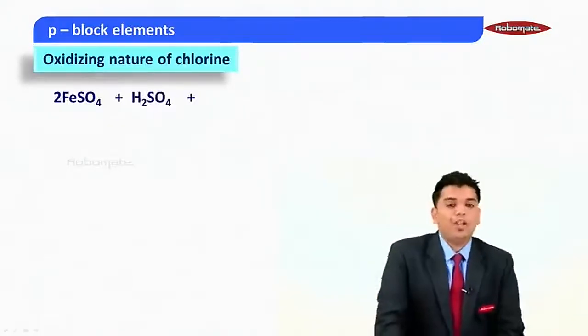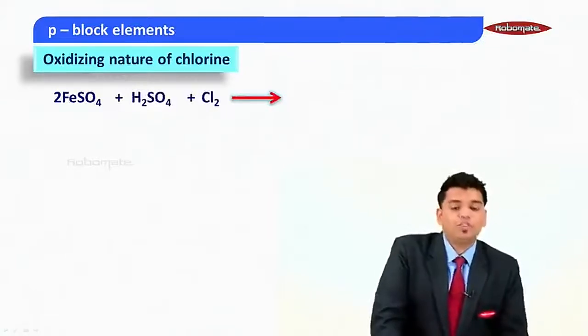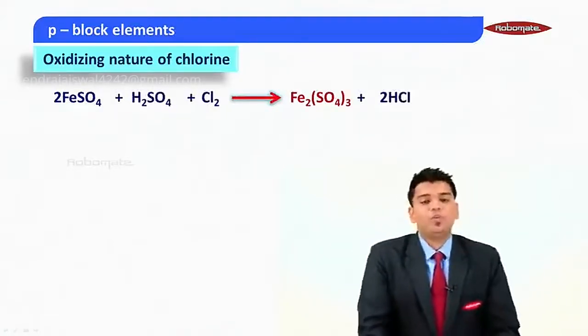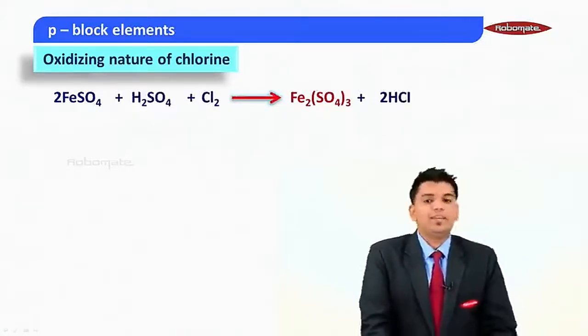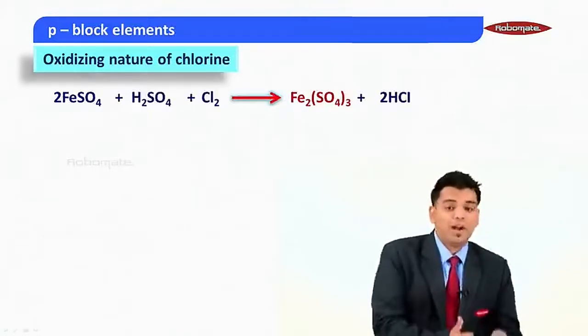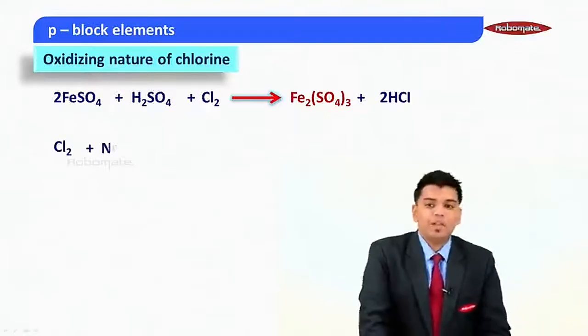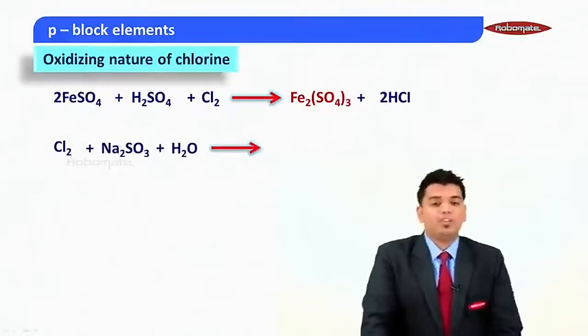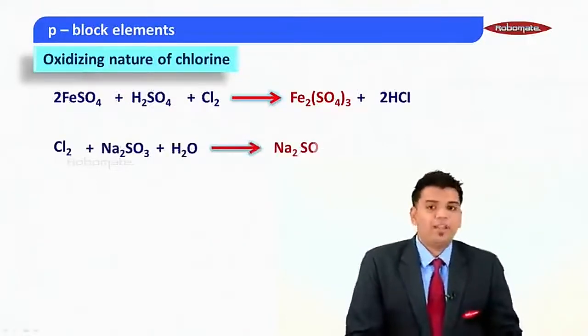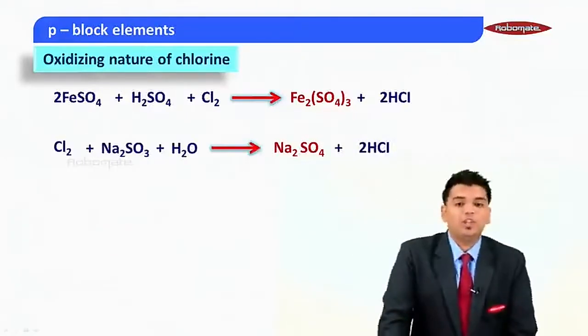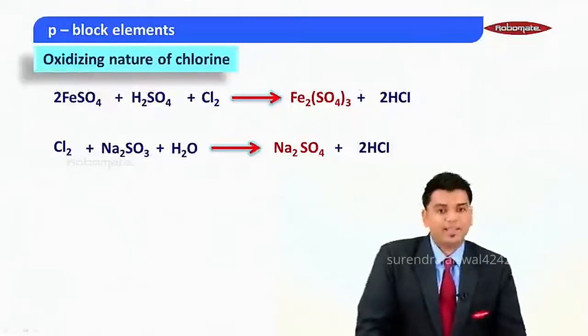Now next up is the oxidizing nature of chlorine. Now FeSO4 when treated with H2SO4 in presence of chlorine gives out Fe2(SO4)3 plus HCl. Here Fe2+ in the reactant part gets oxidized to Fe3+ in the product side. Now Cl2 when reacted with Na2SO3, that is sodium sulfite, gives Na2SO4, that is sodium sulfate, and HCl.